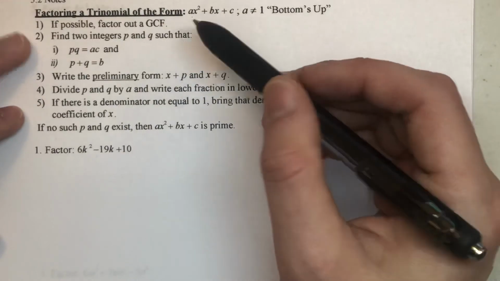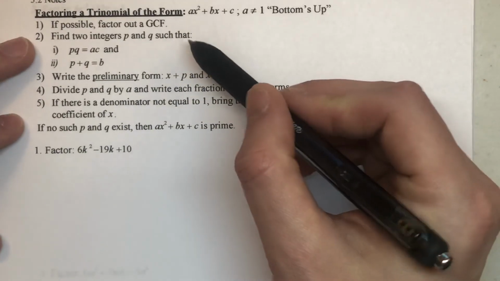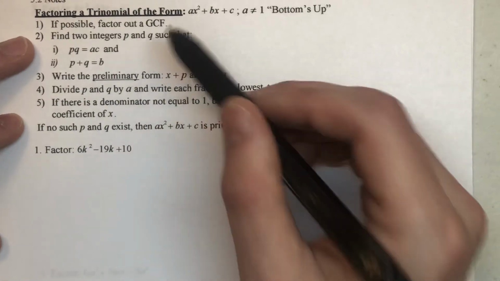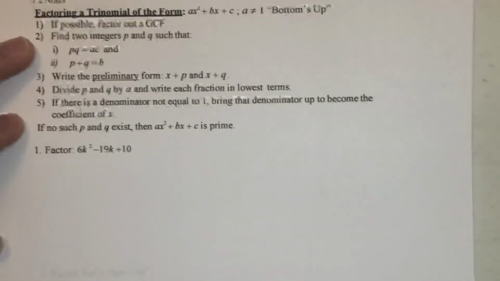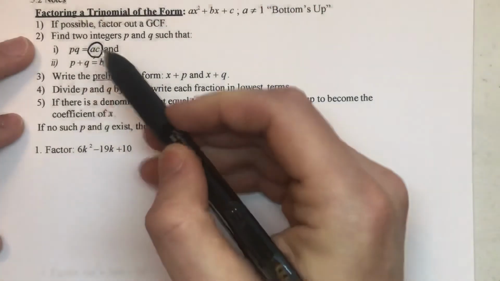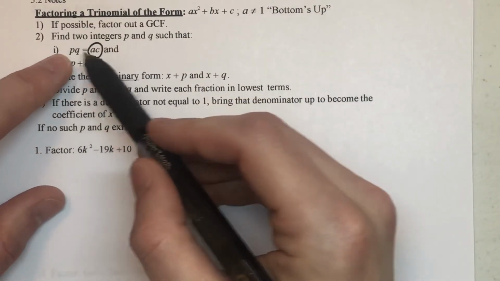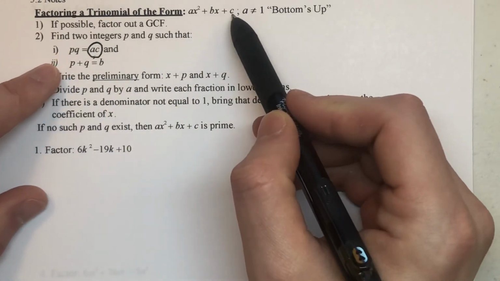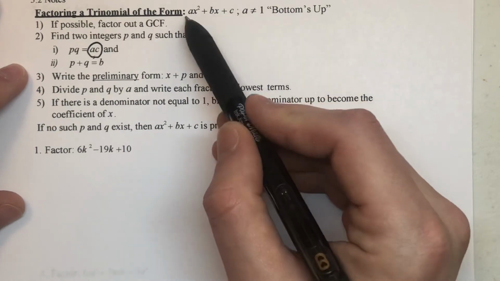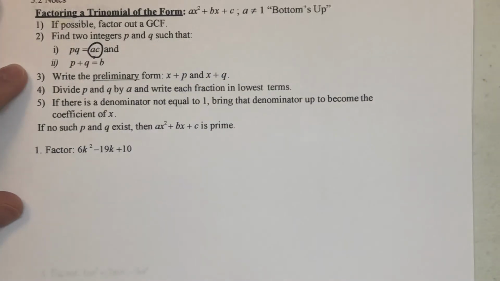So the next step, after looking for a GCF, we're going to find two factors, two integers, p and q. So here comes the number game, but slightly different. The difference of this number game is right here. Notice it is not two numbers that multiply to c. It's two numbers that multiply to what you get when you multiply a and c.